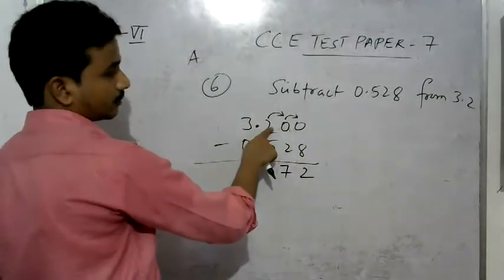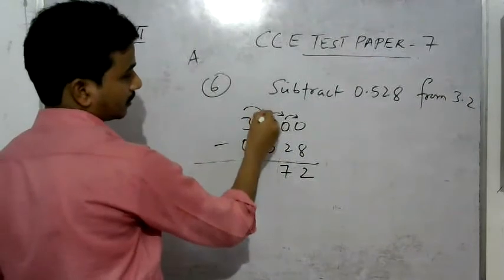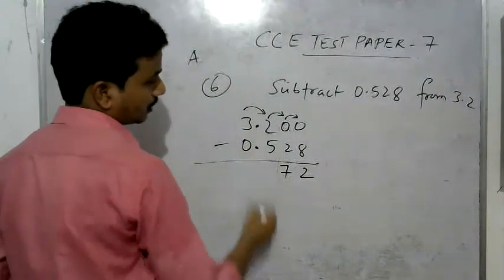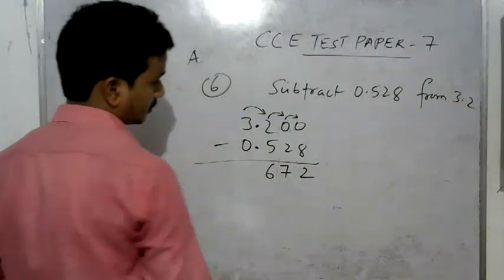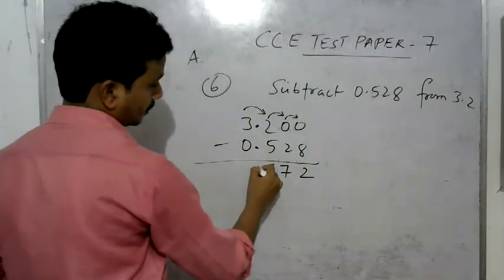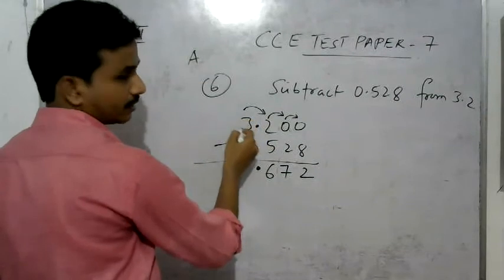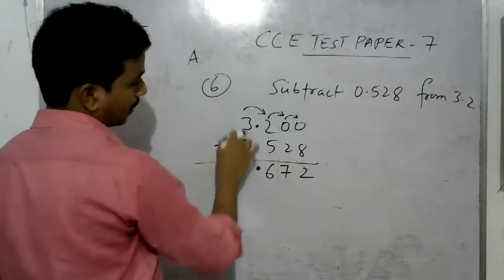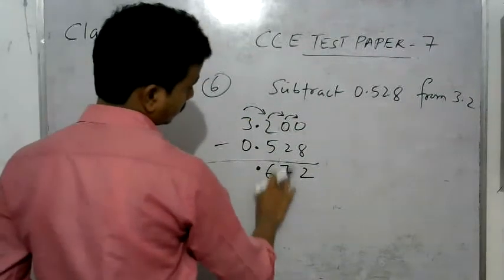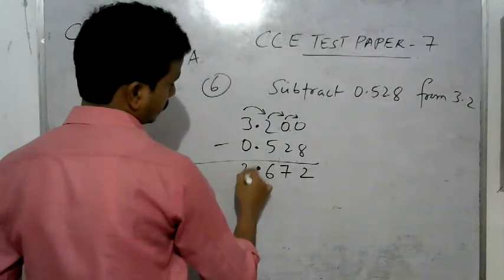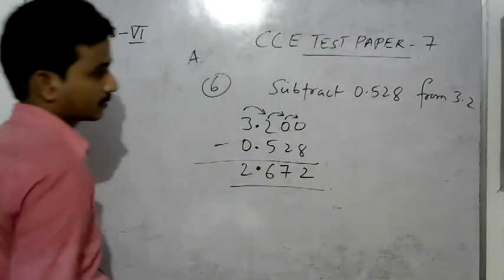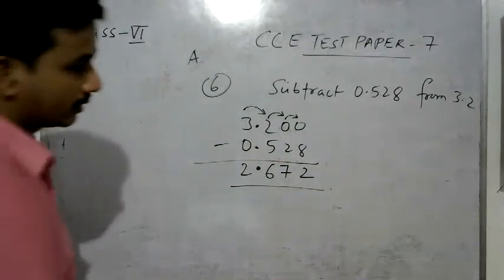Now it has 1, it will take carry from here, it will become 11. 11 minus 5 is 6. Here is just the decimal point, so put a decimal point. Now it will decrease by 1. So 3 minus 1 is 2, and 2 minus 0 is 2. So this is your answer.